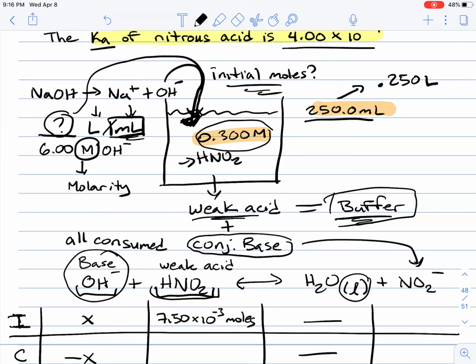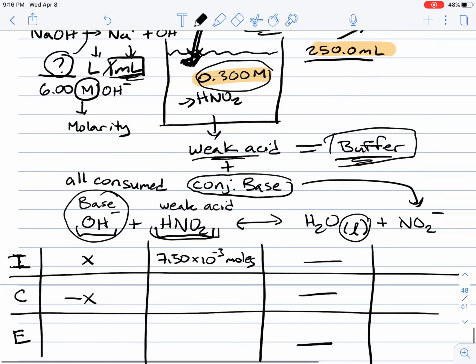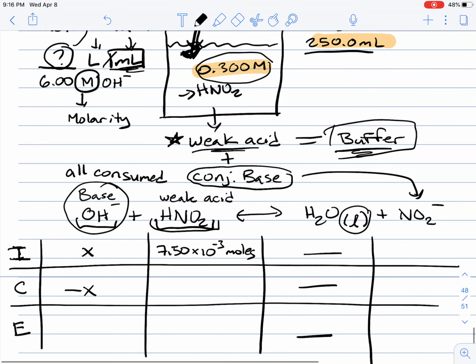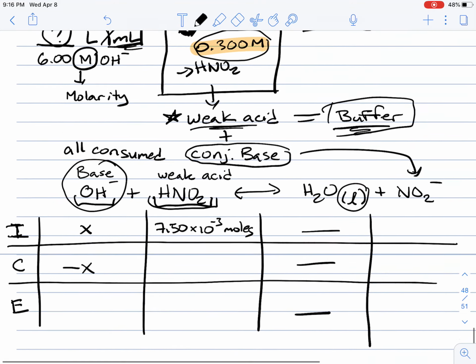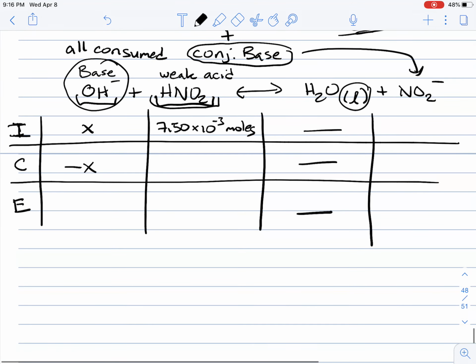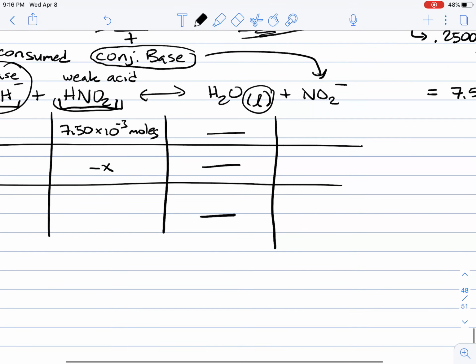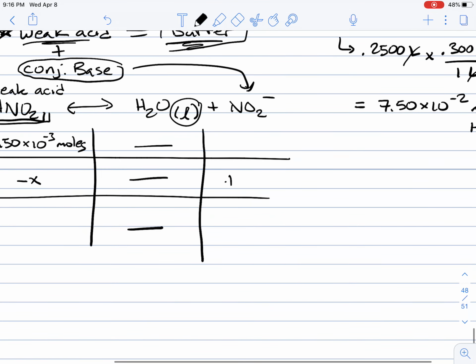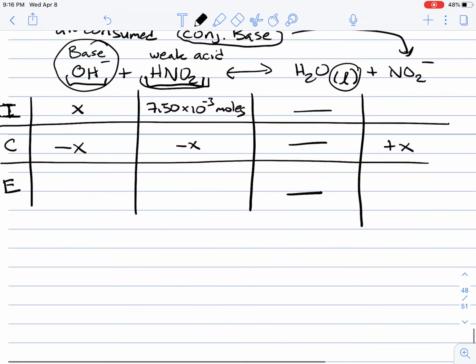If we're trying to create a buffer, we need a weak acid still present in the solution, so I cannot consume all of my weak acid. So I'm going to put in minus x for the change, and plus x for NO2 minus. Remember that this x represents moles, because this is what we want to figure out.